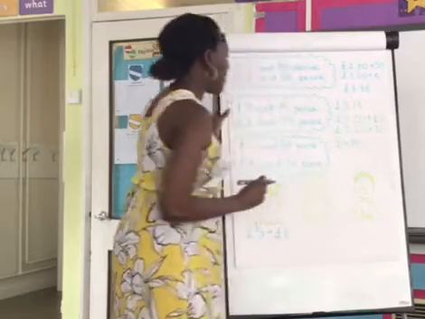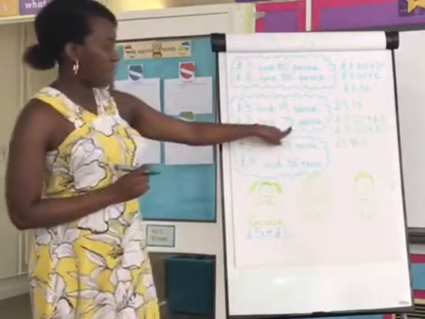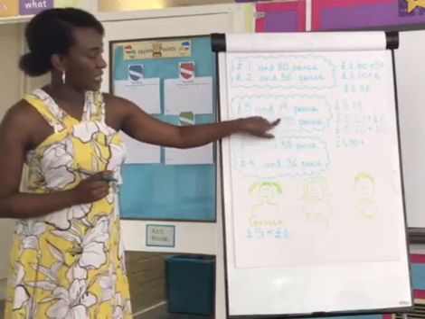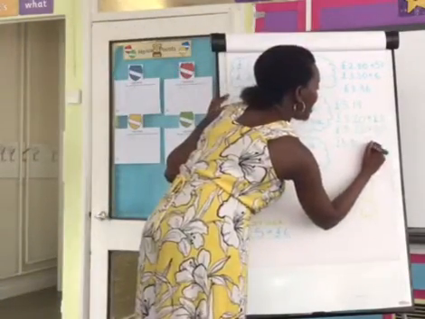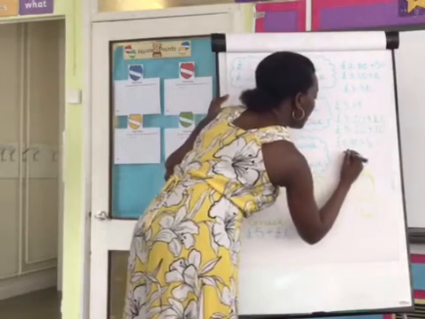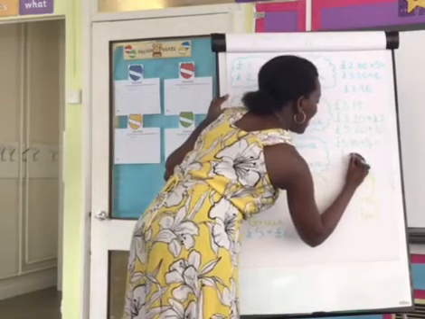And then you're going to finally add on your 5 pence. So remember we partitioned into 10s and 1s. Add on your 5 pence to give you a total of £5.95.